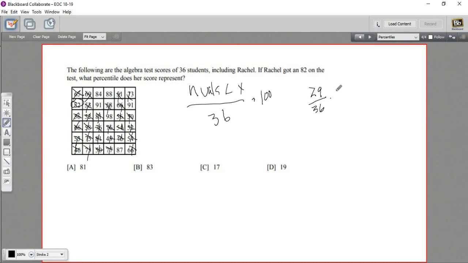So we'll take 29 divided by 36 and multiply it by 100, pulling out my calculator. And that looks like 80.55, so we'd round that up to the 81st percentile. And that looks like choice A. So that is a little bit of work with percentiles.